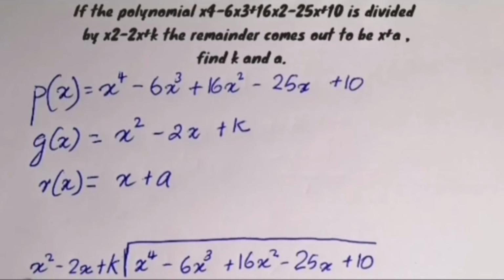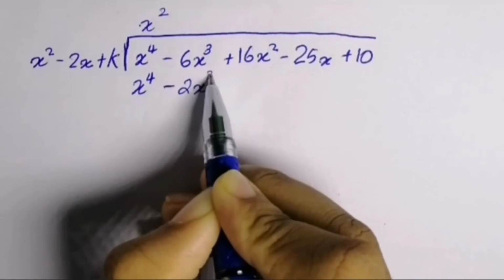With this g of x and r of x, we need to find k and a. We will just divide.